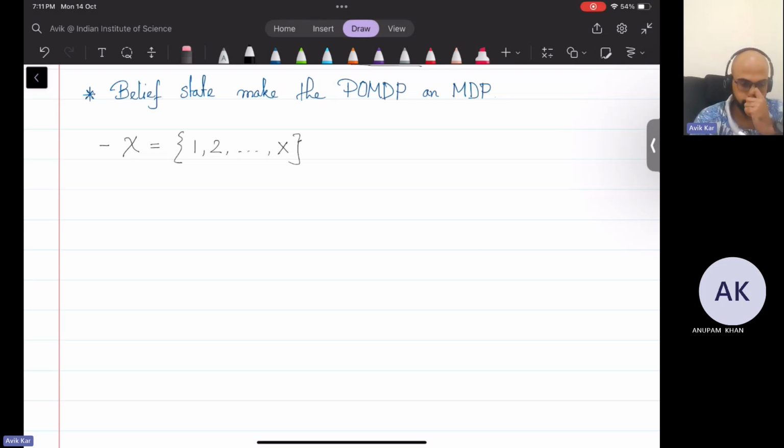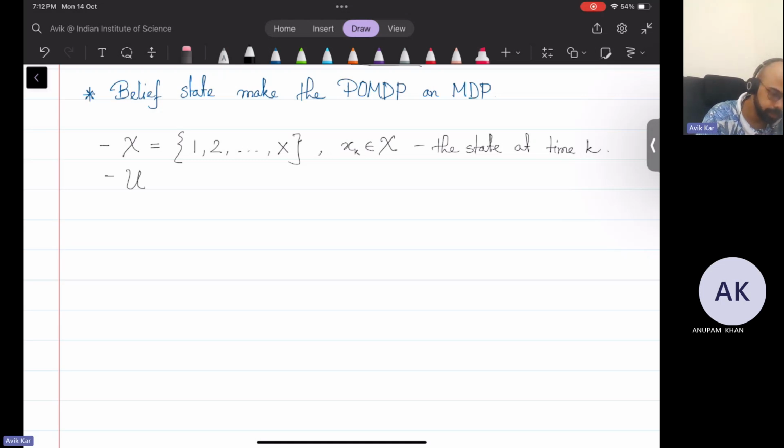And we denote the state at time k as x_k. So x_k belongs to the set X, the state at time k. Let's just note that the system is finite horizon, which we are assuming.